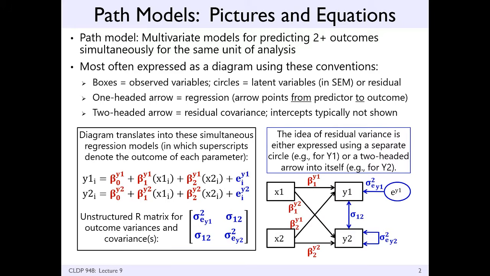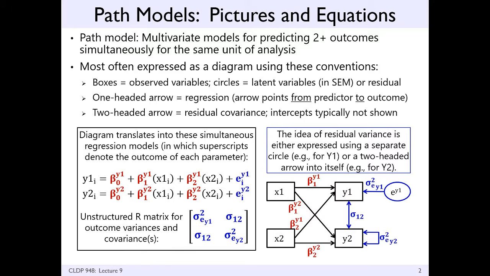In this case, we can say that y1 is partially caused by these other variables, no, predicted by, and it has variance left over. So this idea that a variable has an estimated variance is sometimes depicted with a latent circle out to the side, and sometimes it has a directional arrow into itself. Both of those things mean variance in this notation.